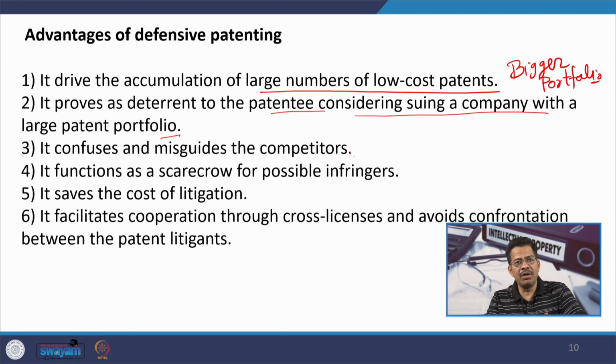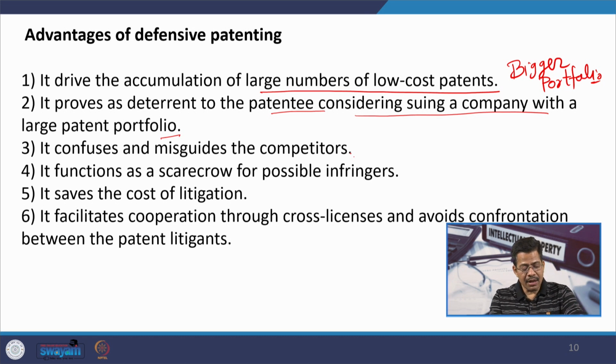Then, because you have a large patent portfolio, whether you are using it or not, your competitors will read whatever information is available in the public domain, and understanding this techno legal document also requires super skills. So, it may confuse and misguide your competitors many times about what type of claims you have and what actually is protected.